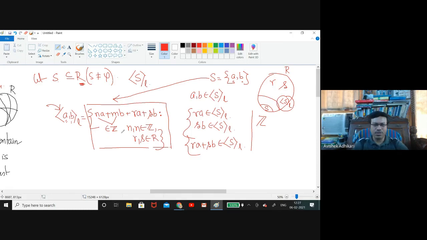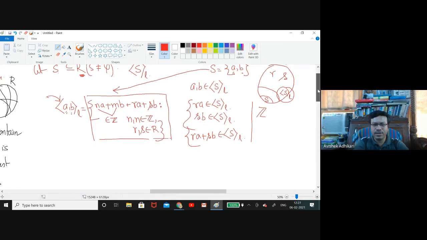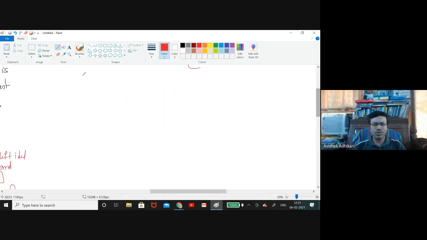Okay, so what Aniket told, I am writing it in that way. Since S is generated by A and B, what you understand is that if A is there, then 2A must be there, 3A must be there, and so on. Similarly, if B is there, 2B must be there, 3B must be there.